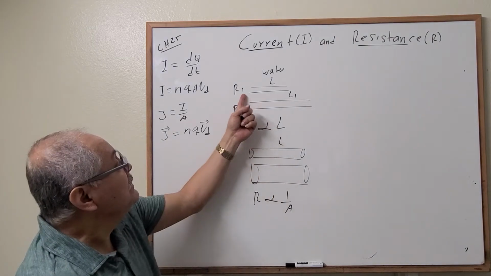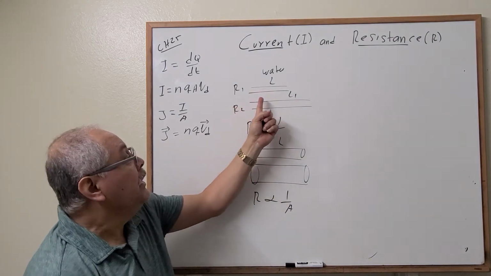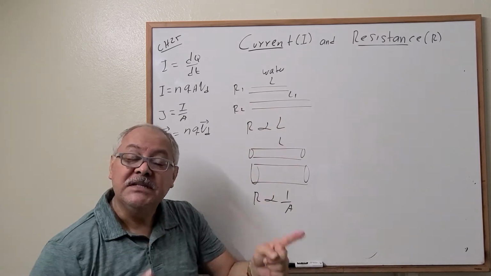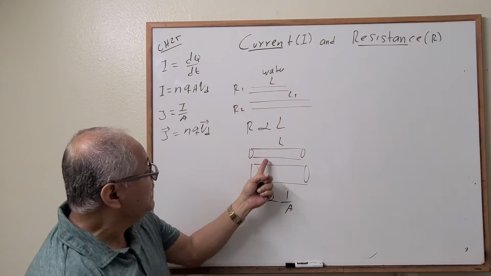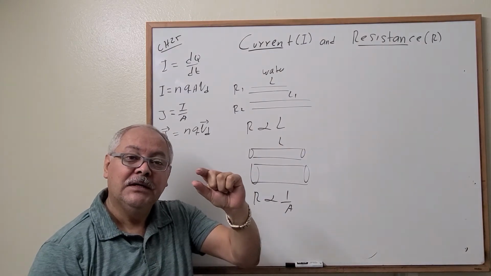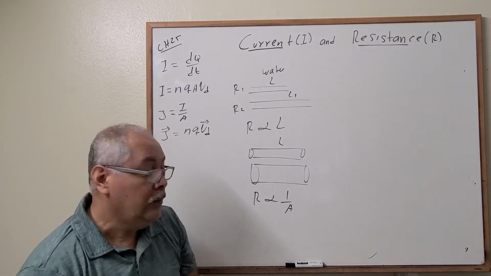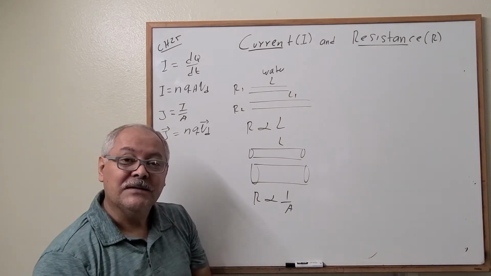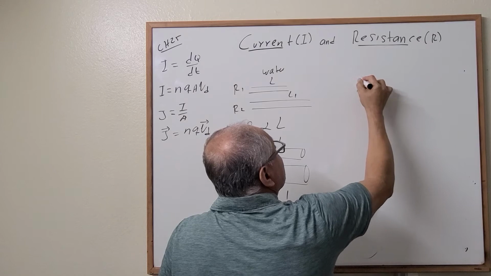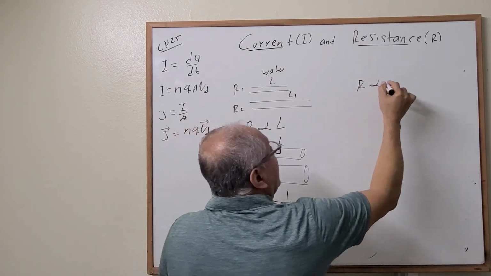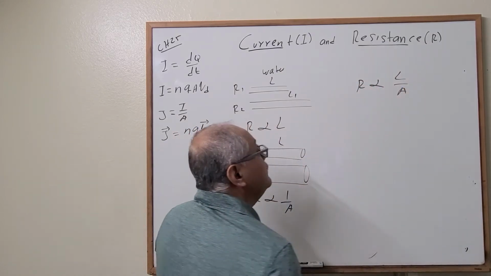You will have a current through a wire, and if we increase the length of the wire, the resistance to the current increases. What happens if we increase the thickness, or cross-sectional area, of the wire? Well, the resistance decreases. Now let's combine these two. Resistance is proportional to L over area.